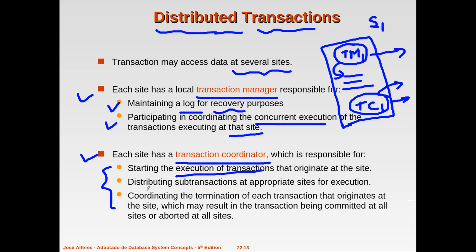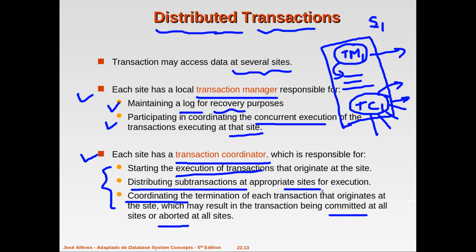After that, it distributes the sub-transactions to different sites. If that transaction has sub-operations or sub-transactions, these are distributed to several other sites, and that distribution is done by the transaction coordinator of that particular site. Similarly, the transaction coordinator is responsible for the termination of the transaction that originates at this particular site, and the transaction may be committed or it may be aborted.